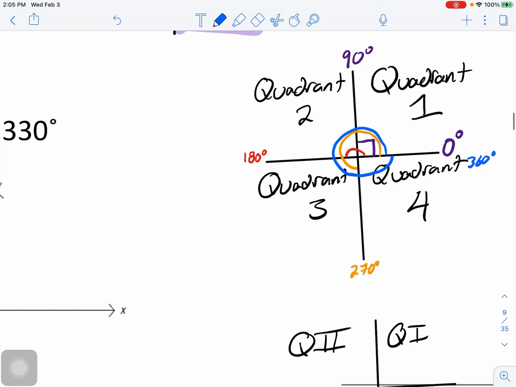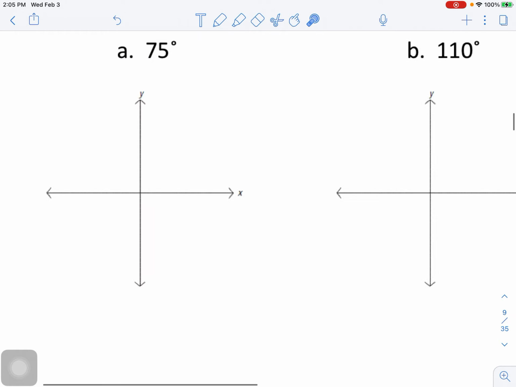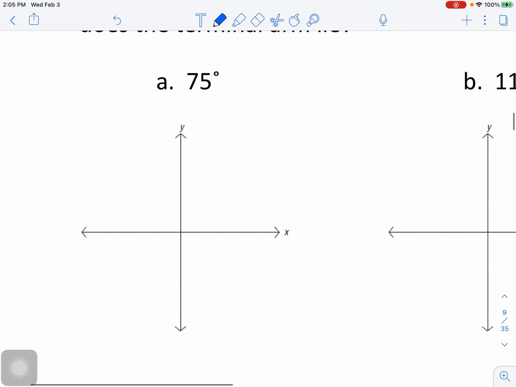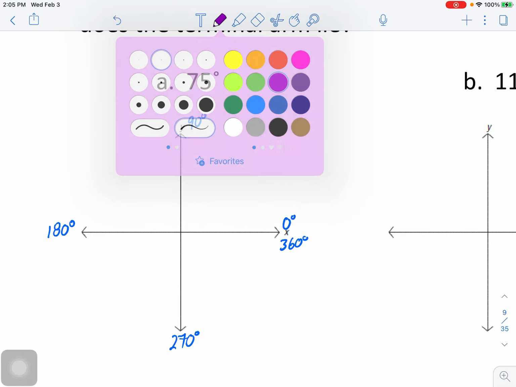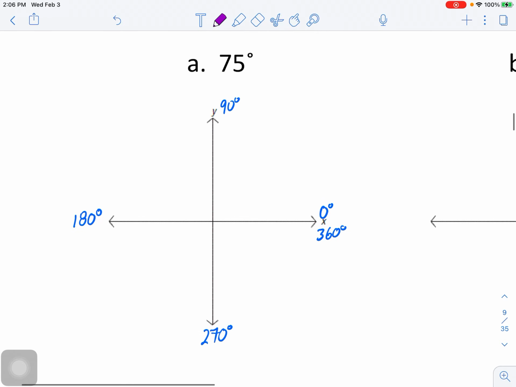So that's really important to know, and we can place different angles within here. So whenever you come to a question, you want to list those really useful angles. So this is 0, 90, 180, 270, and then all the way around would be 360 degrees.